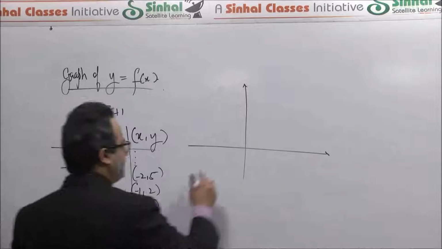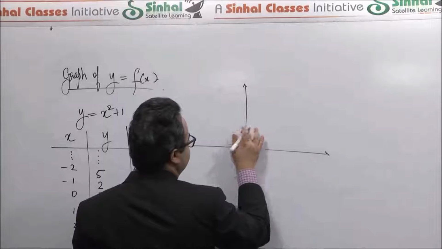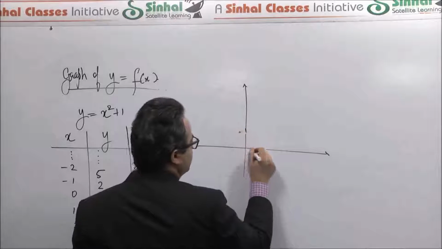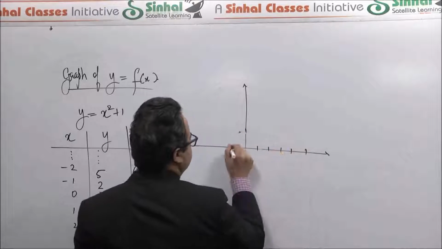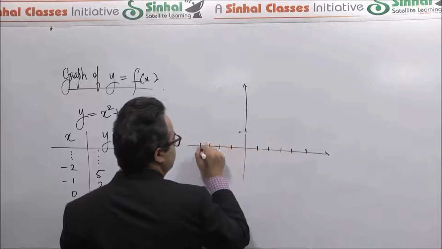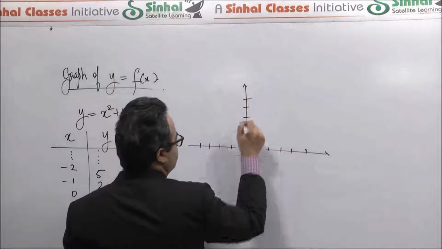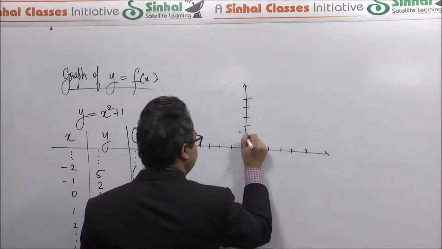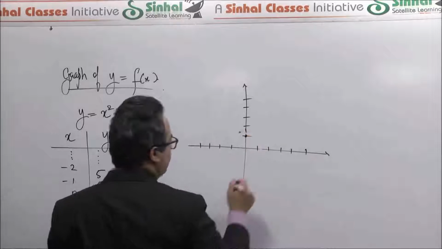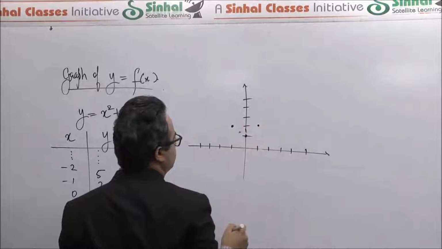So 1 point is 0, 1. So then that's over here. You can just, if you want to make a simple scale, then you have 1, 2 and minus 1, 2.